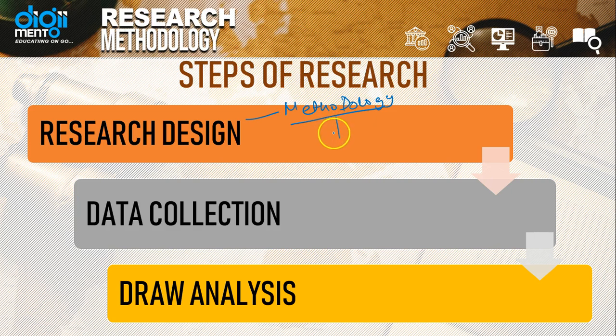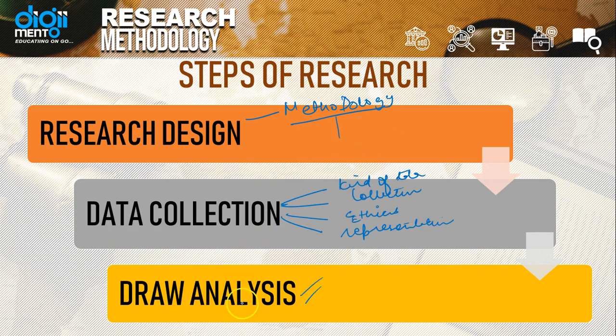Now the next one is data collection. In data collection and data processing, you decide what kind of data you are using, how you collect your data, how to represent your data, and what ethics you follow in the collection of data. All of these are included in this part.